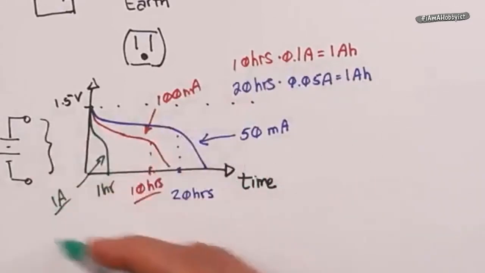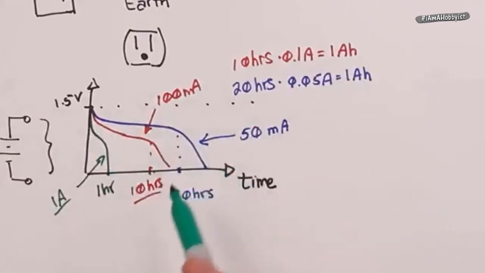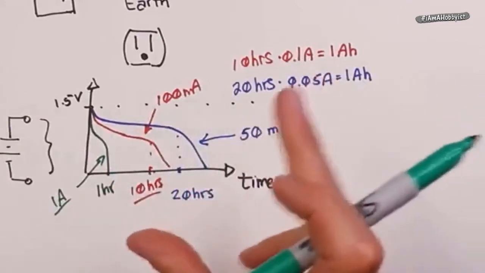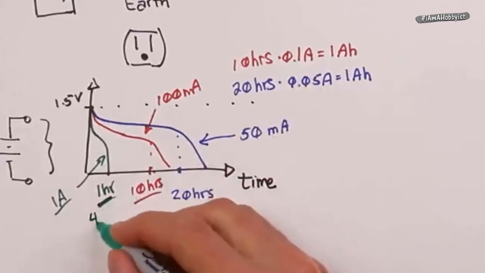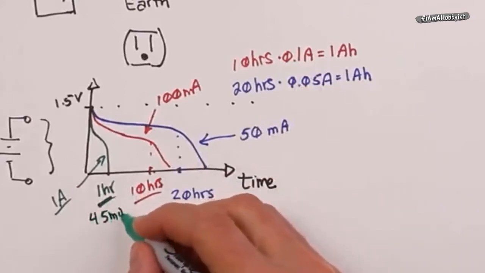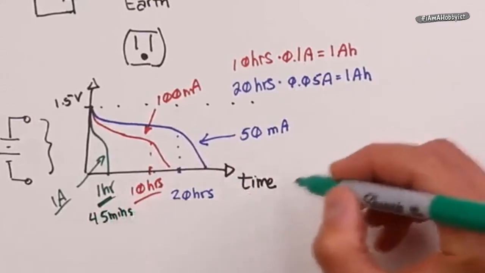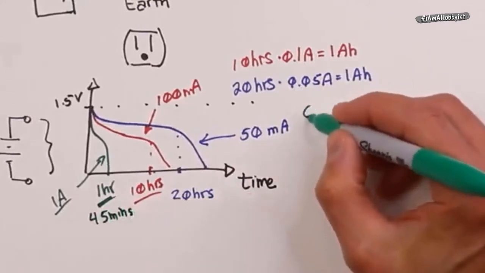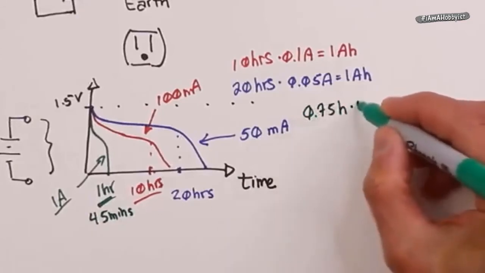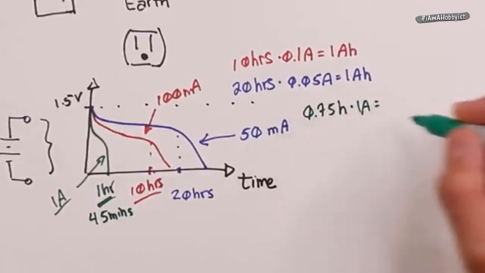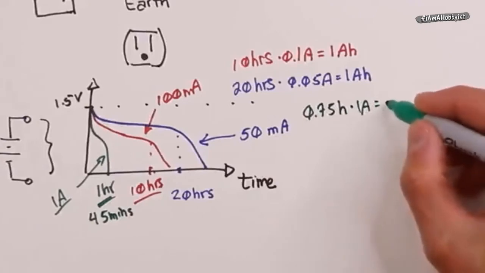Generally speaking, if we try to draw a lot more current than the test value, that's going to shrink down. So we probably won't get an hour. Maybe we'll only get 45 minutes here. So in that case, we're getting 3/4 of an hour at 1 amp. So that's 0.75 amp hours, or 750 milliamp hours.